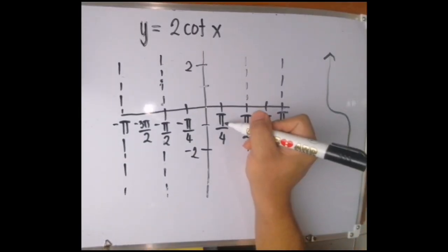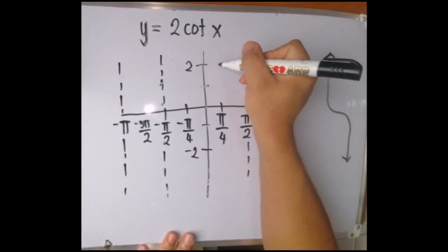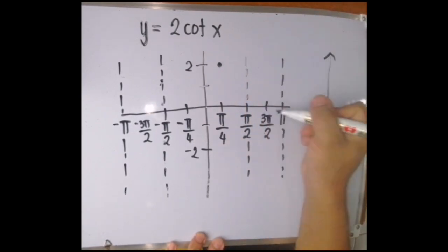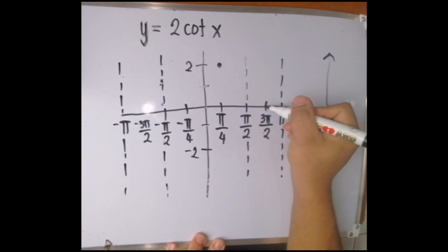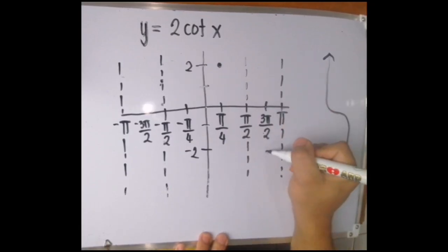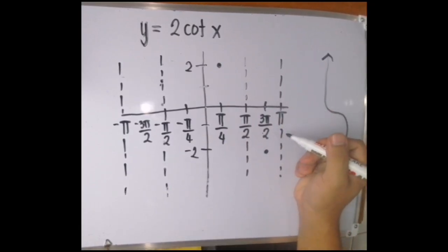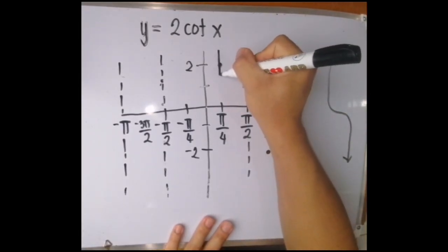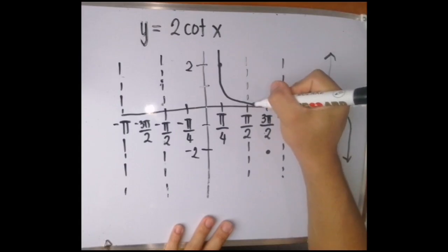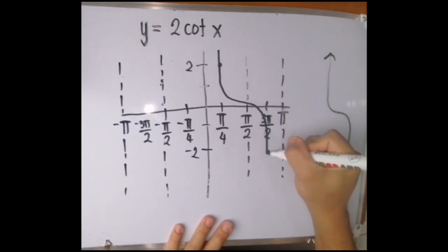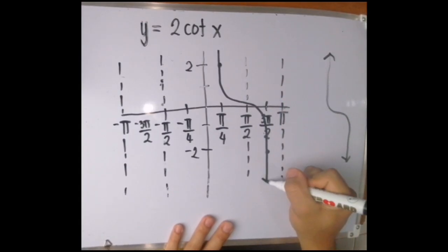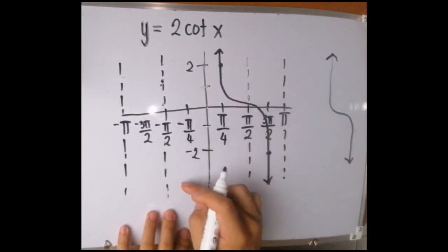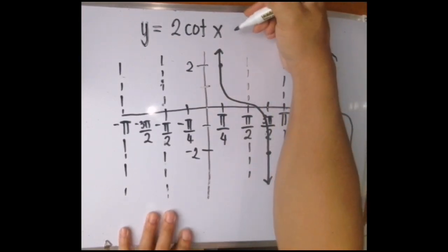So at pi over 4, it should be at 2. And at 3 pi over 4, it should be at negative 2. So let's connect them. It will go like this. And this is the graph of 2 cotangent x.